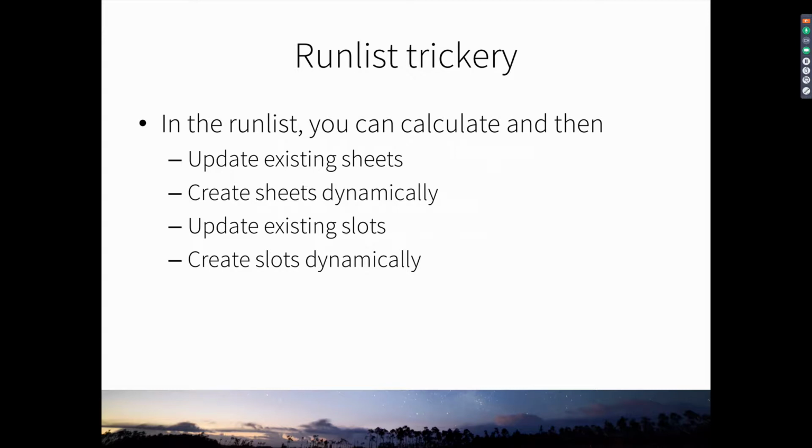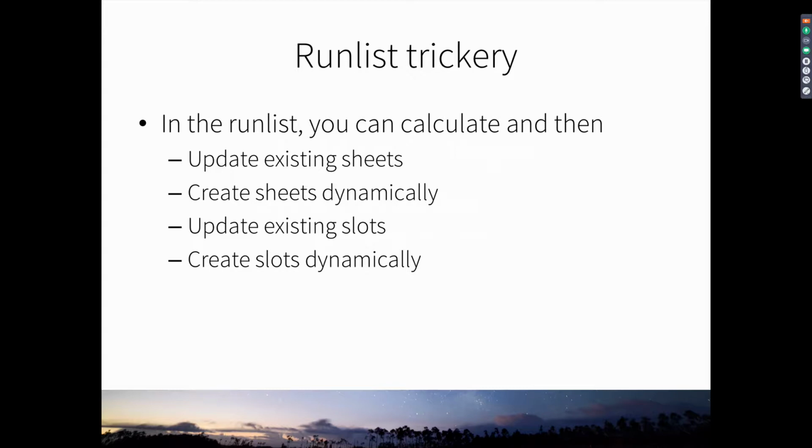I have some limited calculation possibilities in there, but I also have commands that would allow me to update an existing sheet definition. So if I have a sheet config where I define that my sheet is 450 by 230, for example, then in the run list, I have commands that would let me update or change that. I also have commands in the run list to create sheets from scratch dynamically.